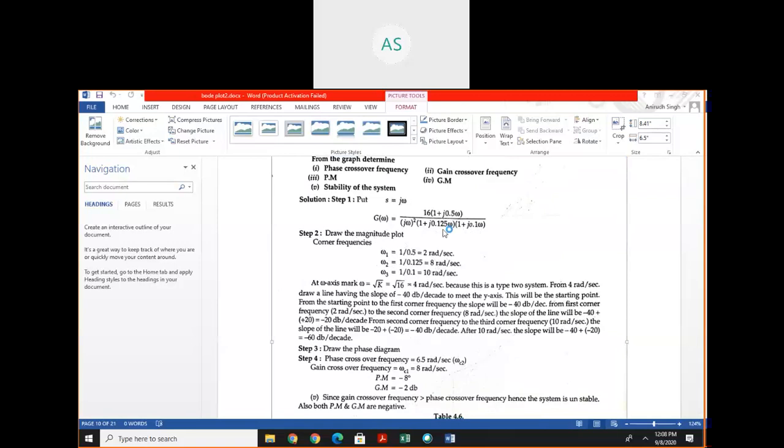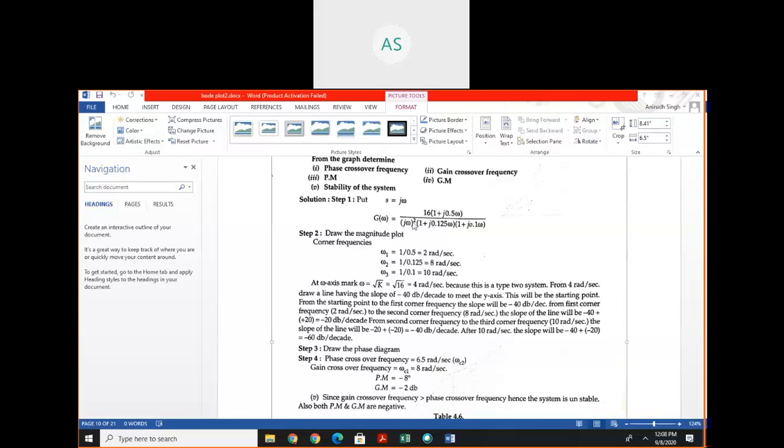Since there are two poles at origin and the value of K is 16, mark a point omega equal to 4 radians per second, and from this point draw a line of minus 40 dB per decade. Why?